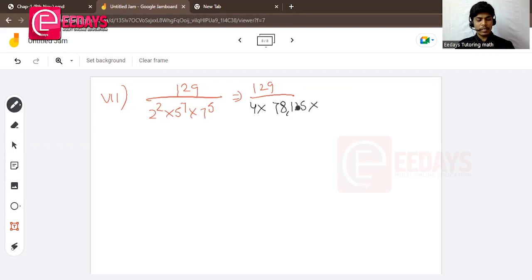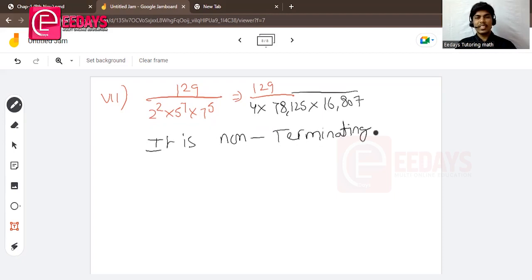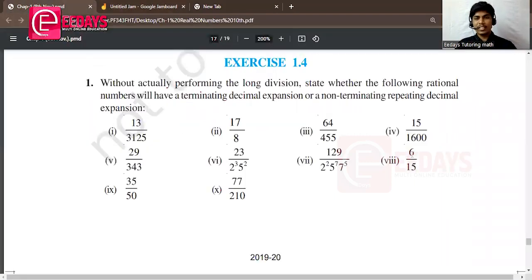And 7 power 5 is 16,805. If we multiply all these numbers, the denominator is a bigger number. So without doing that, we can confirm that it is non-terminating, because the denominator is in lakhs, like 10 lakhs. So terminating or non-terminating decimal, by writing like this is the simple way. All right.